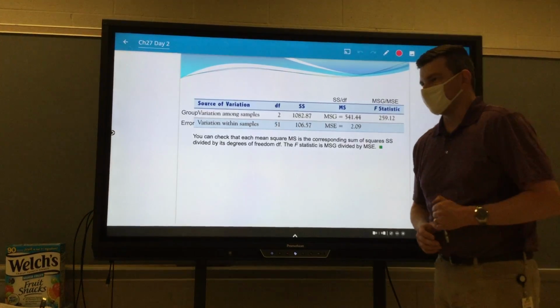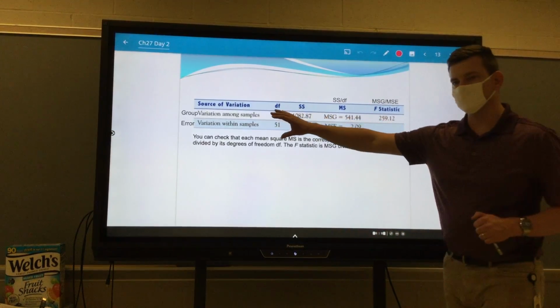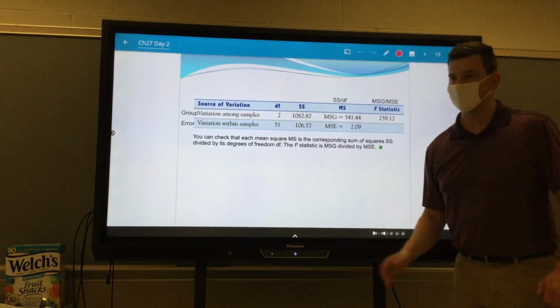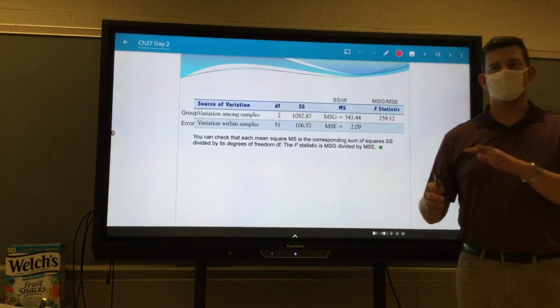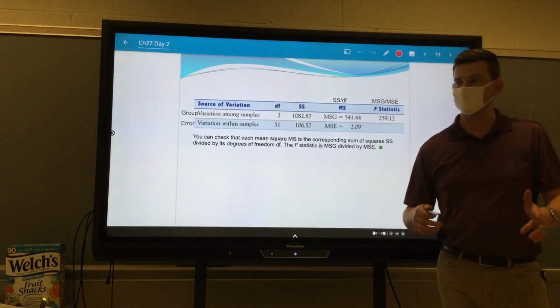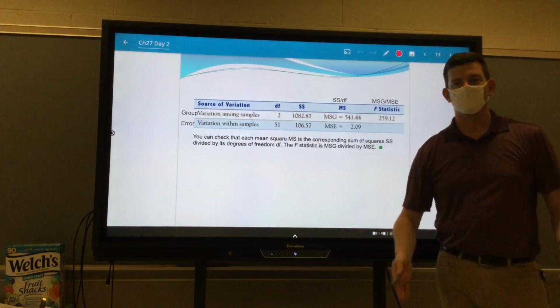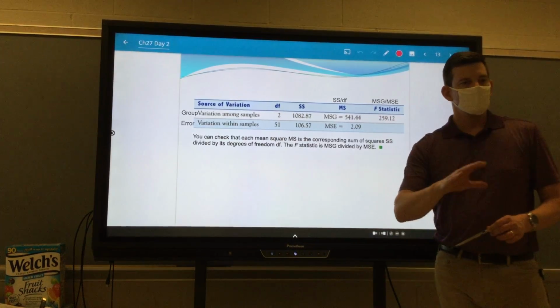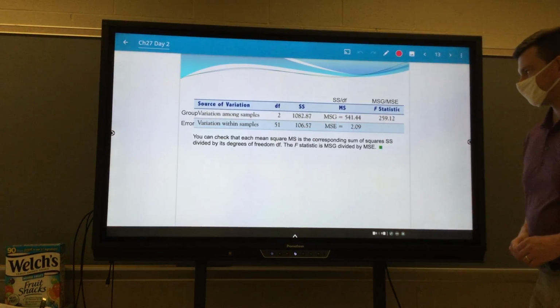What's more likely is that they will give you a partially completed table like this, and you have to fill in the rest. And that's actually the more complicated one, because you're not just turning it over to the calculator. They want you to demonstrate that you have a little sense of what's going on here.